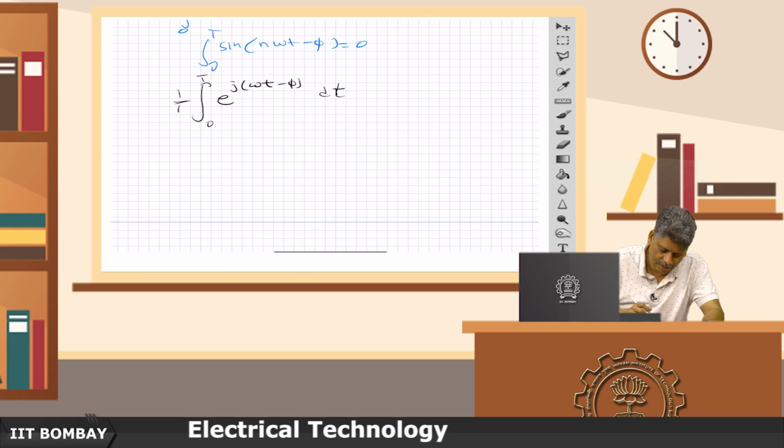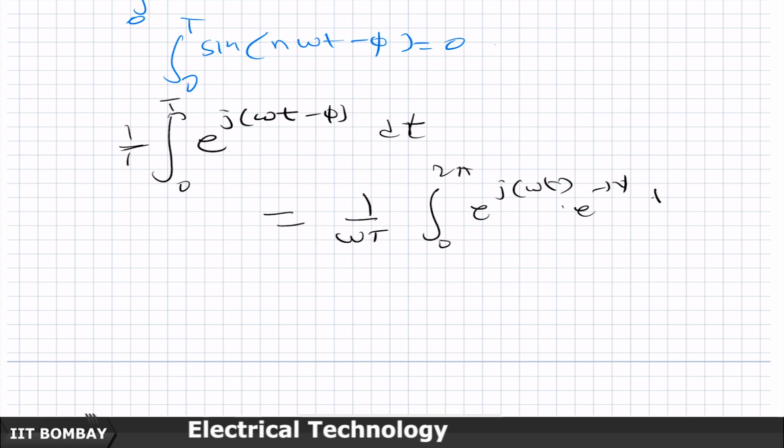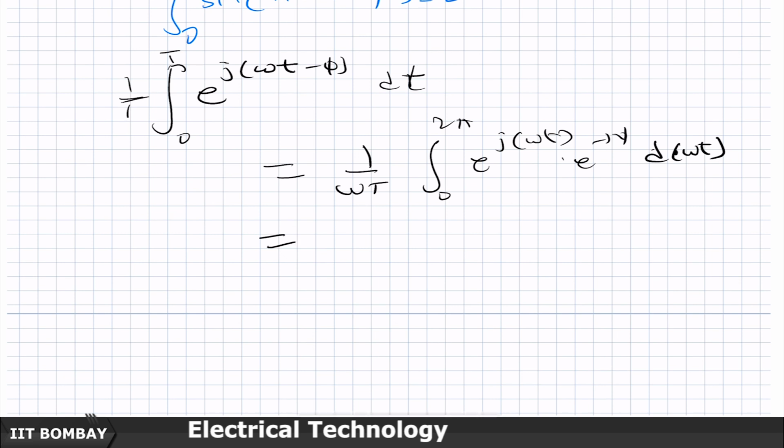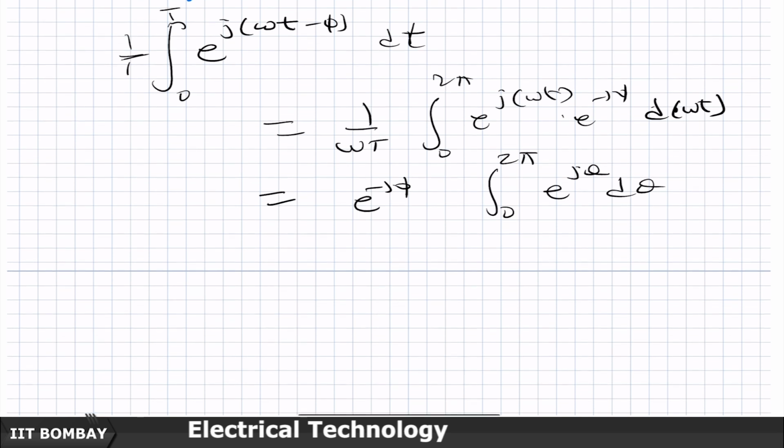If I look at this, it is 1 by 2 pi, integral from 0 to 2 pi of e to the power j(omega t minus phi) into d of omega t, which is the same as taking e to the power minus j phi common, and integrating e to the power j theta d theta times 1 by 2 pi.